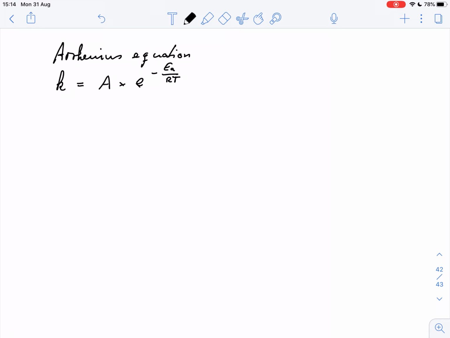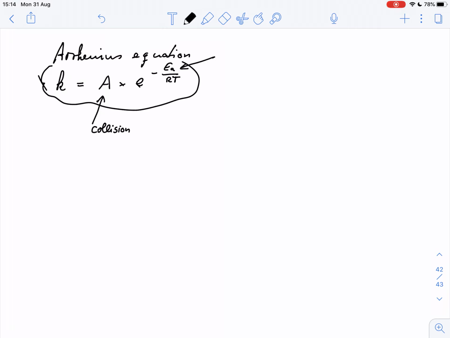Now let's dissect this equation a little bit, what this actually means. So A is simply a calibration factor, and in a way it has the function of showing how collisions actually work, how successful they are.